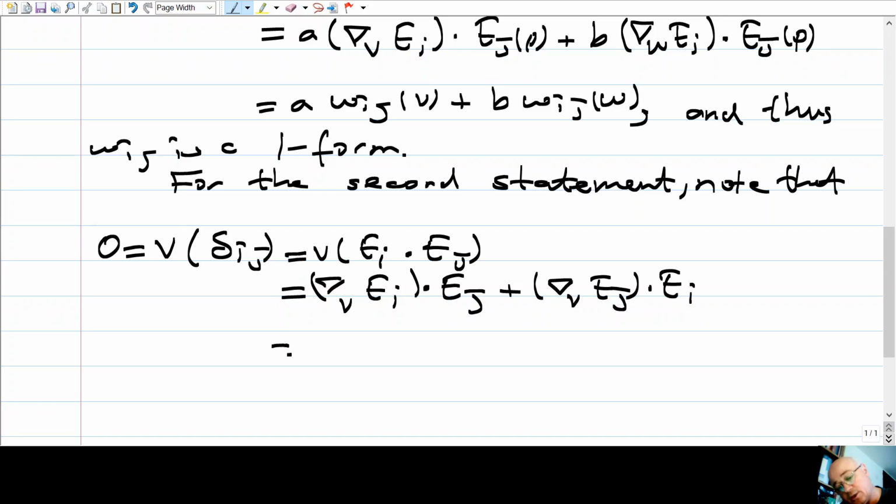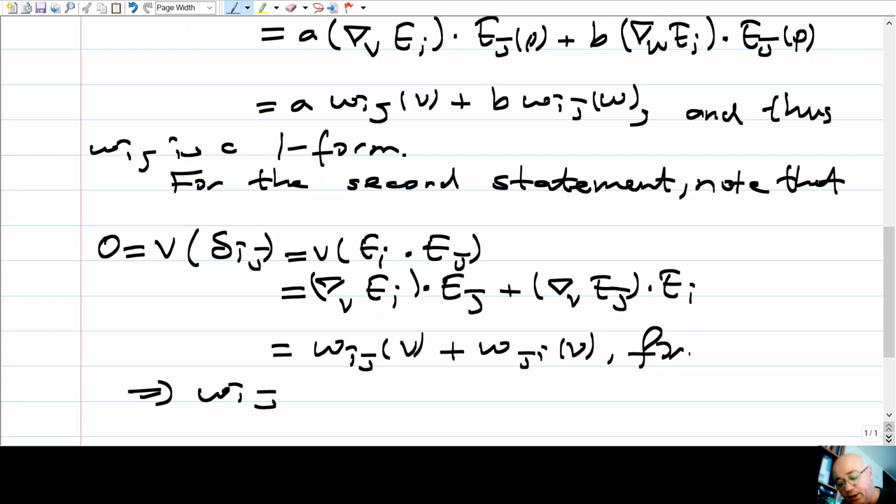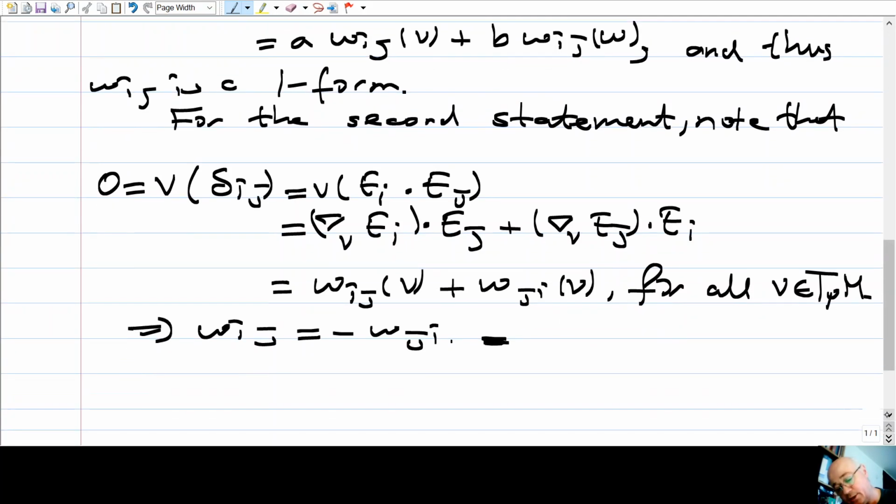However, this is just omega ij of V, and this is omega ji of V, and this finishes the proof, right? This is true for all V, and for all points, of course, but in particular, this means that omega ij is equal to minus omega ji. All right, so this finishes the proof.